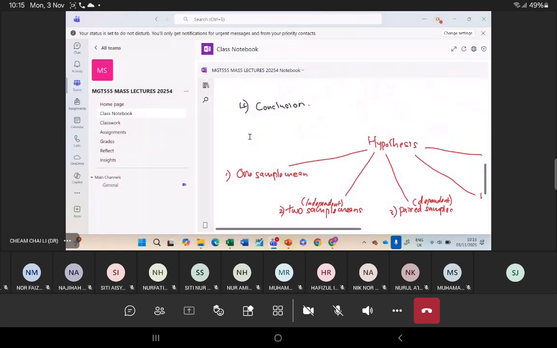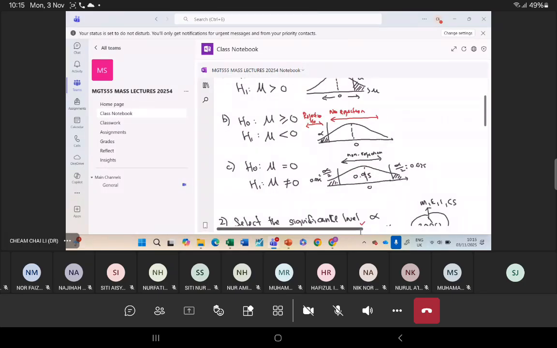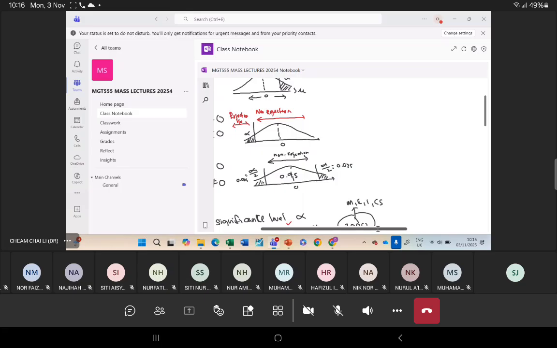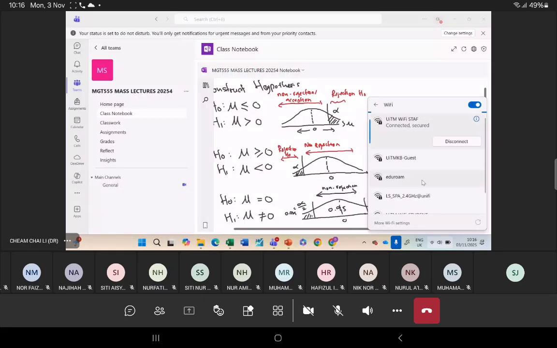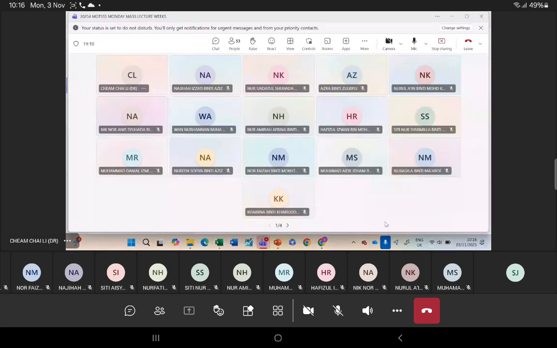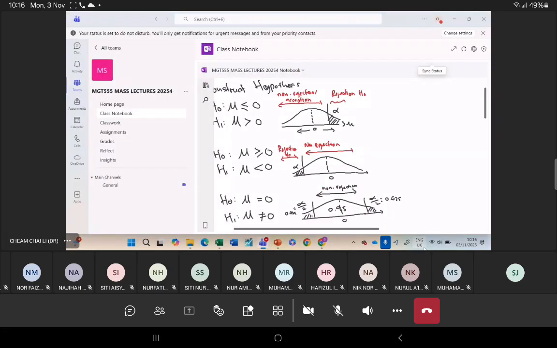I think we still remember this one sample. You ada 3 scenario kan? Two sample means also the same. I put it over here. Okay, class, you are with me, right?